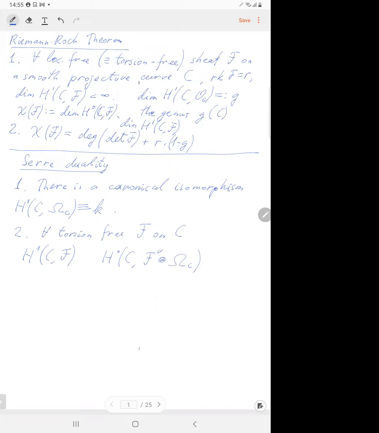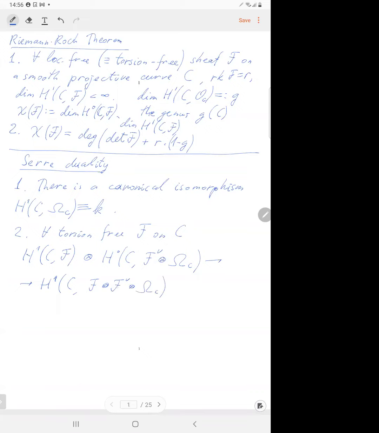And then we have a natural multiplication to the first cohomology with coefficients in the tensor product of these sheaves, F tensor F dual tensor omega C.